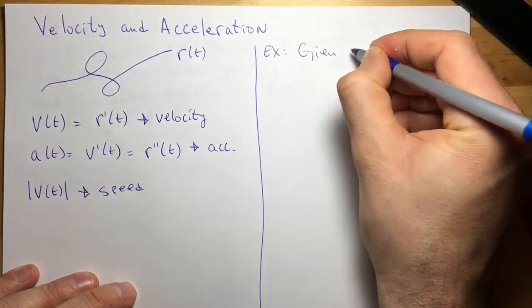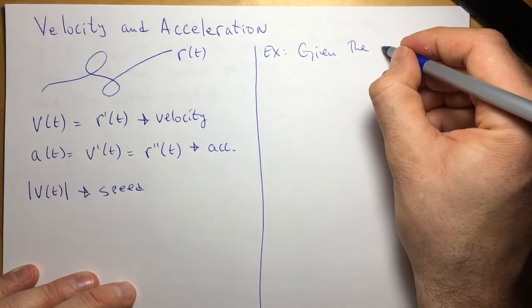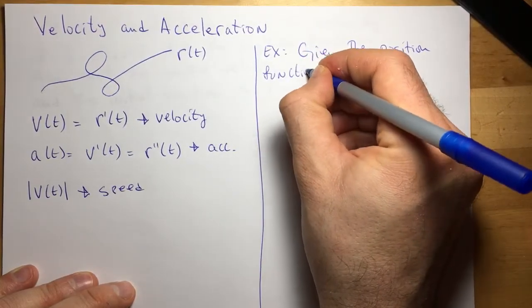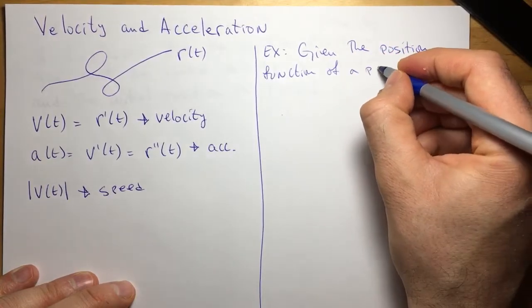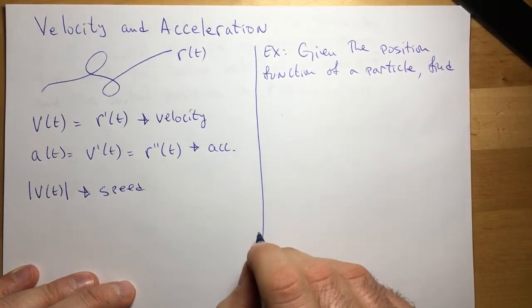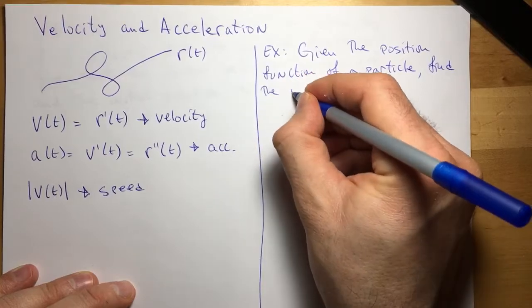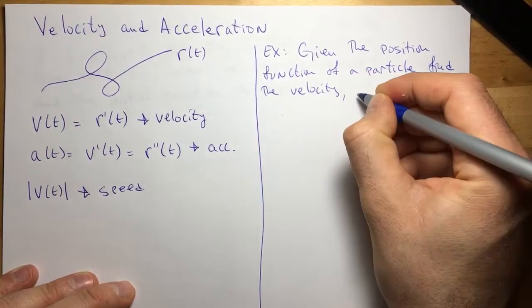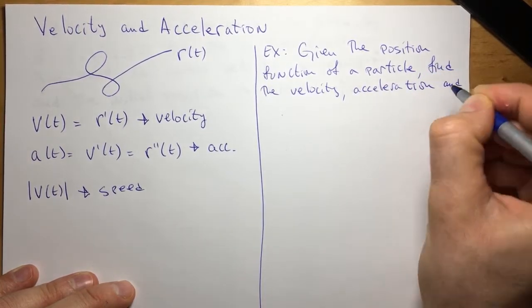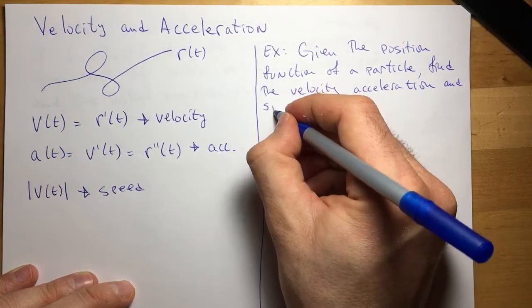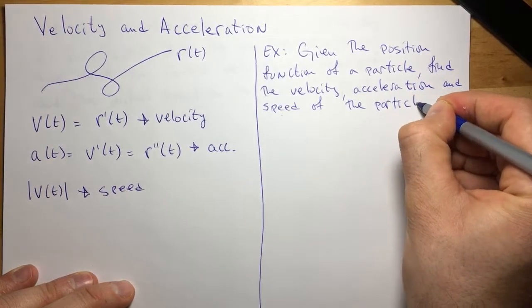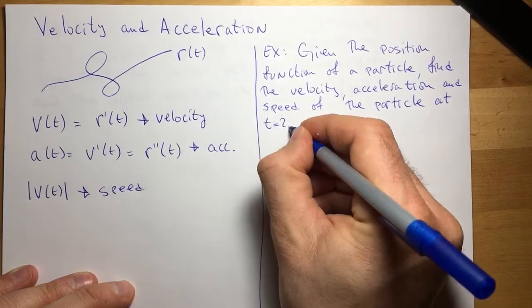Given the position function of a particle, find the velocity, acceleration, and speed of the particle at t is equal to 2.